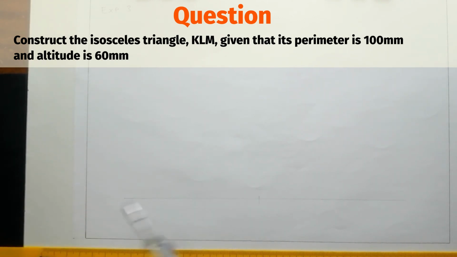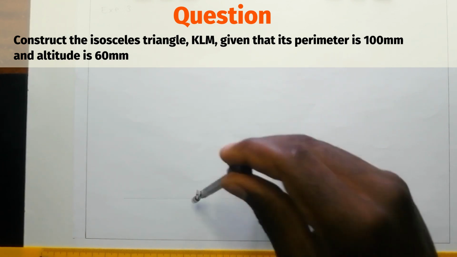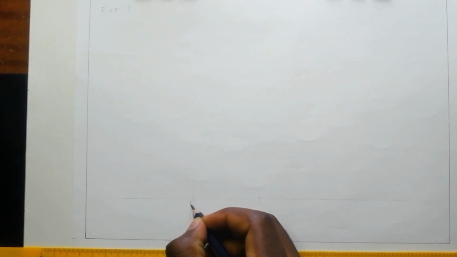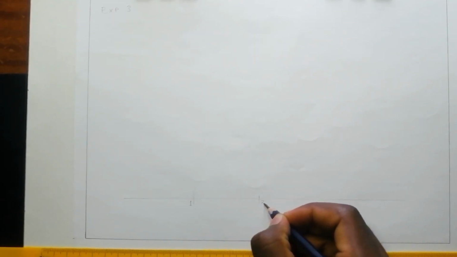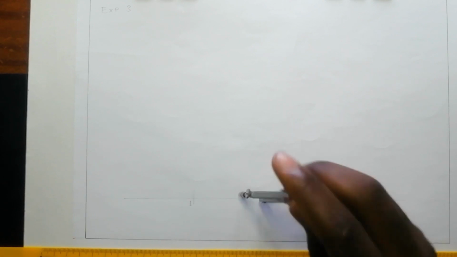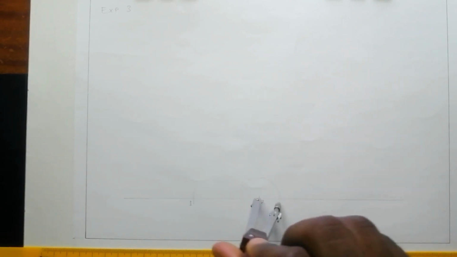We mark on this line 2 points. We can call these points point 1 and point 2. We stand at point 2 and construct a 90-degree angle. This time I'm not going to use bisection.